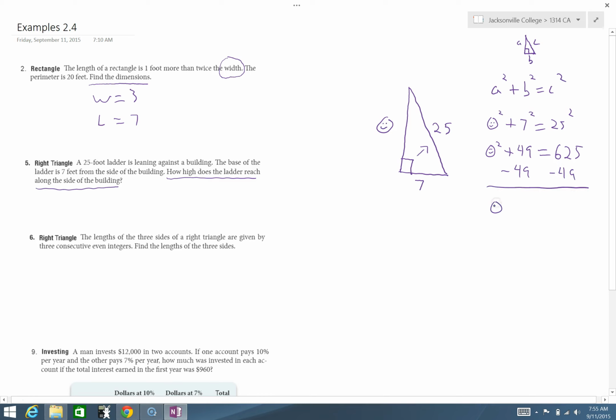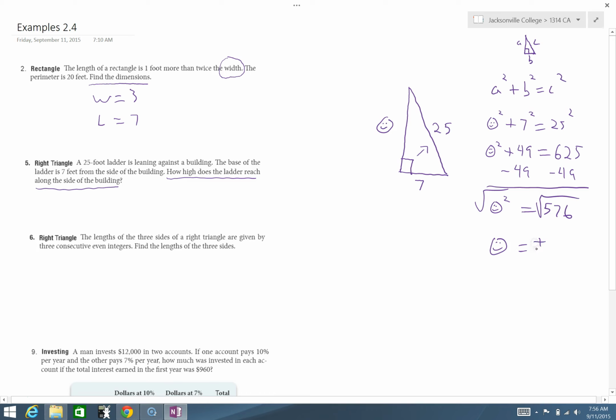This leaves us smiley face squared is equal to 625 minus 49, which is 576. Now we'll take the square root of both sides. The square root of smiley face squared becomes smiley face, and the square root of 576 is 24.